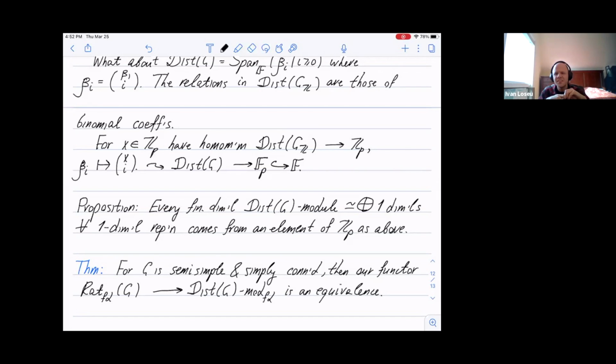Well, this functor is compatible with Frobenius, under very general assumptions, if not always. So if you have a group homomorphism, then it gives you a natural transformation of functors.